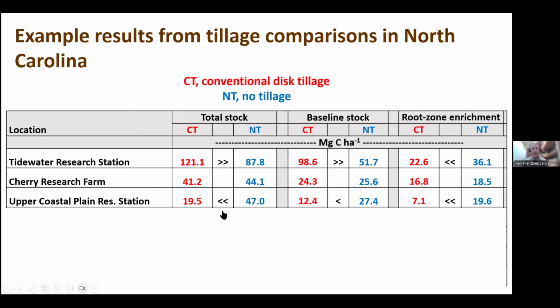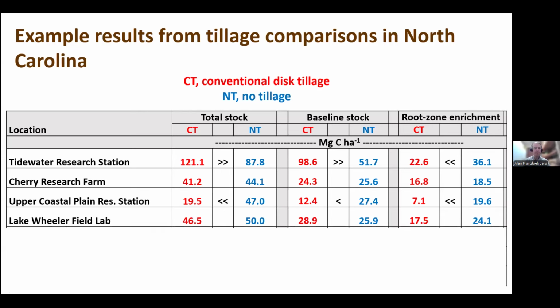It's in a similar location as the Cherry Research Farm, but it's a different location, and we see that no tillage has far greater carbon stock than conventional tillage, but it's partly due to the baseline condition. But if we make the root zone enrichment calculation, we also still get this conservation effect, where we would conclude that more carbon is stored due to no tillage than to conventional tillage, as a function of management rather than just the pedogenic feature.